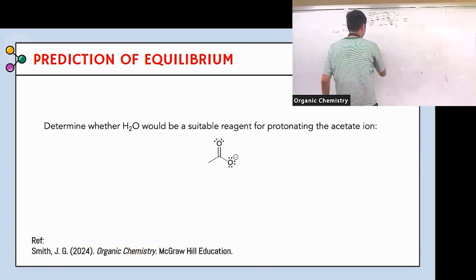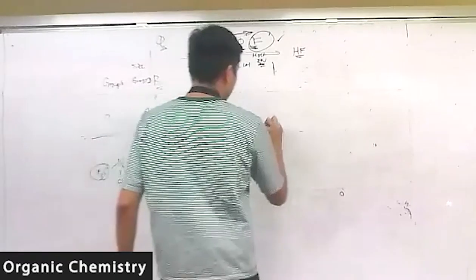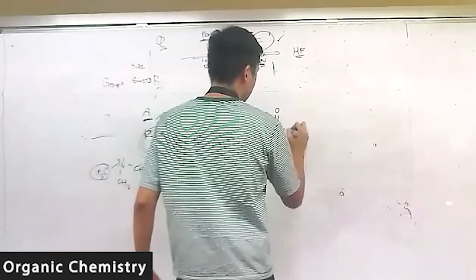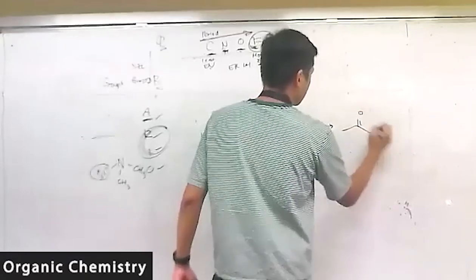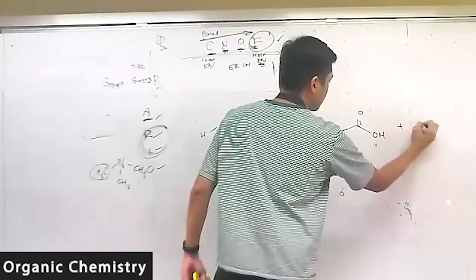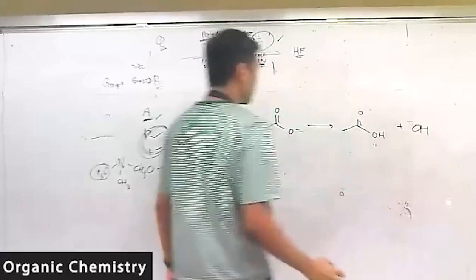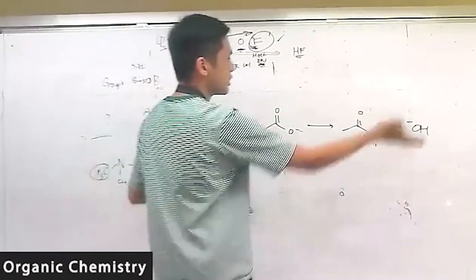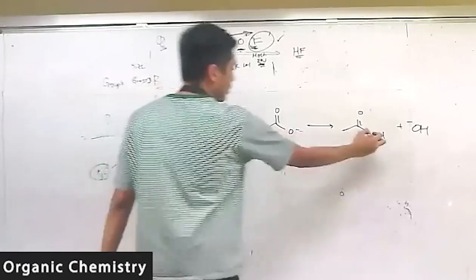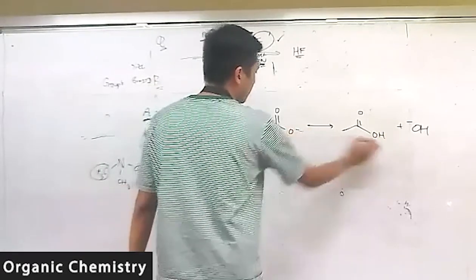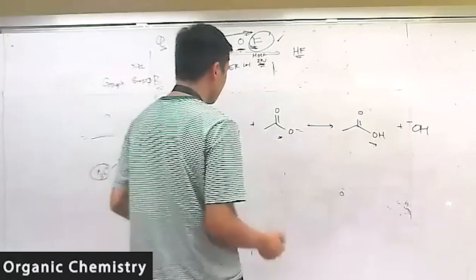H2O plus acetate yields protonated acetate plus OH minus. This equation puts it in words essentially. So is this able to protonate this anion to make this? Is it a feasible reaction?